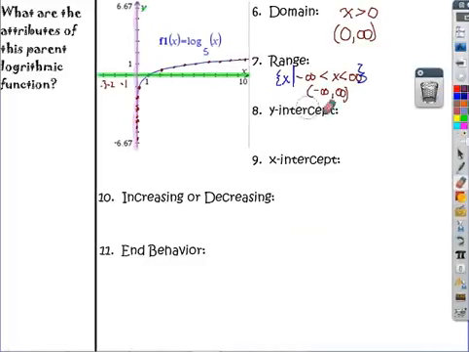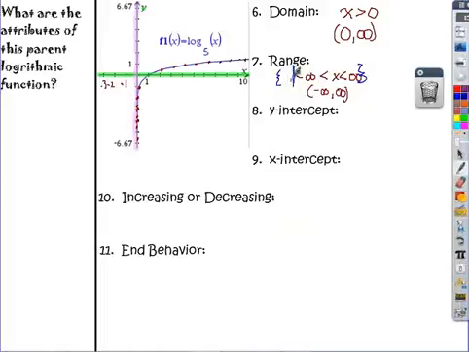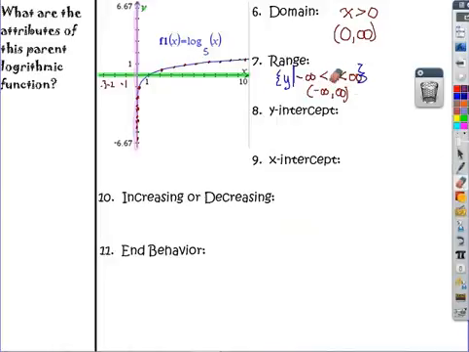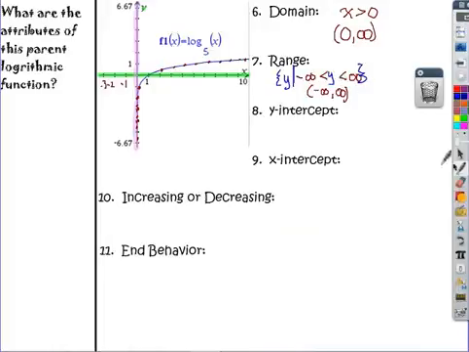Oh no, I made that an x. Well, I'm talking about range, and so that should be a y, as well as I should have a y here. But you can see that now I've been able to write the range in set notation rather than just using inequalities, and also in interval notation.